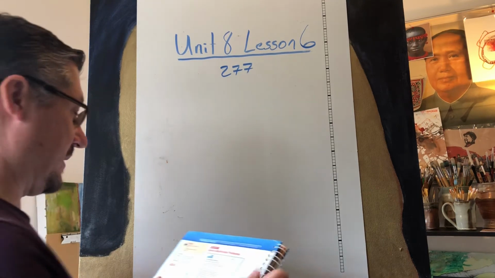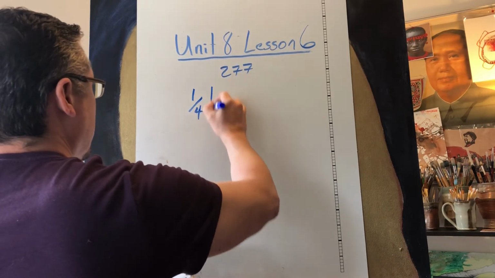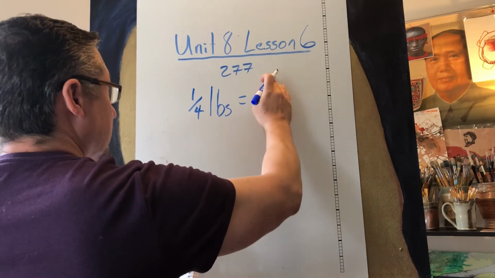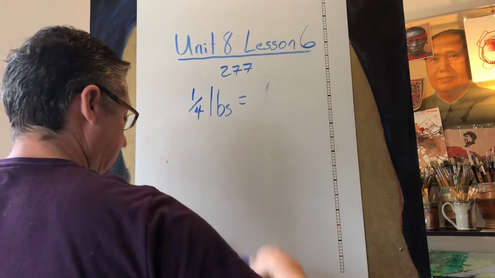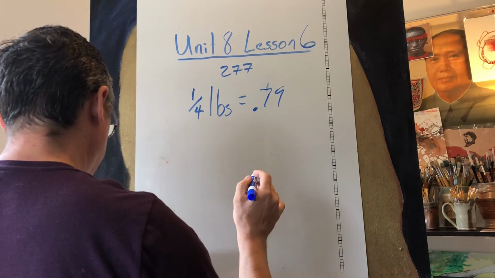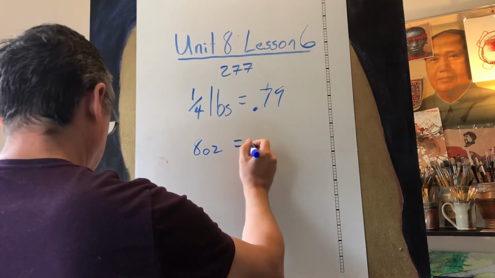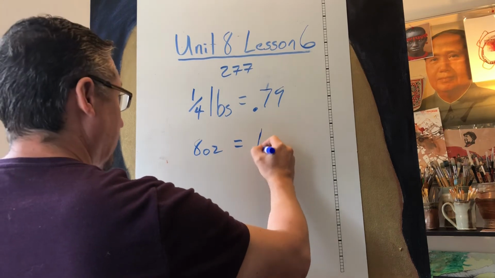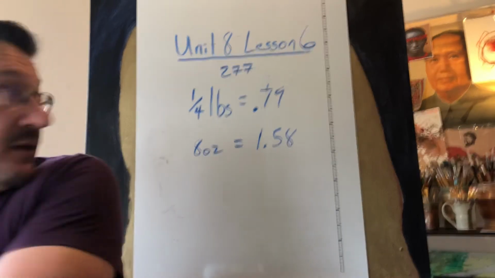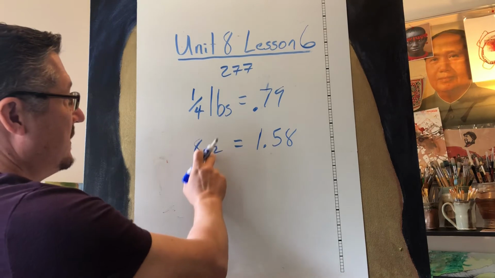Let's write down the information. I have 1/4 pound equals, I'm going to do the decimal, 0.79. And then I have 8 ounces equals 1.58. I see some easy math here because I have to convert these to the same to do a comparison.